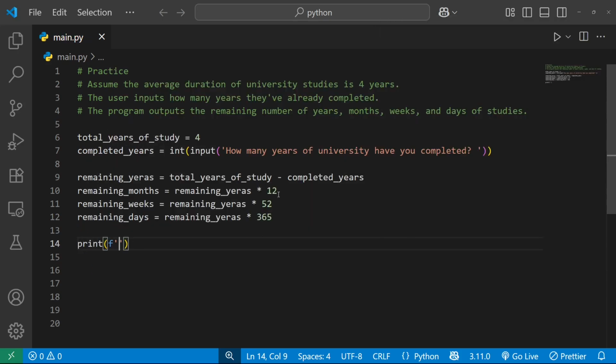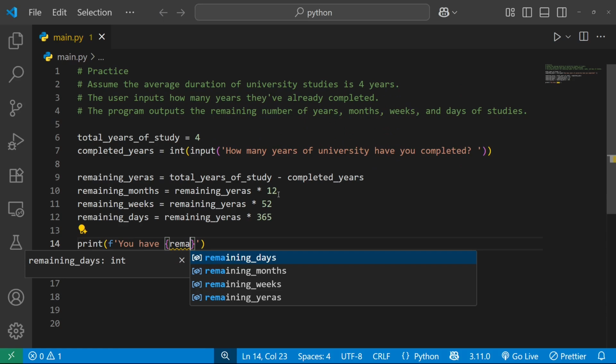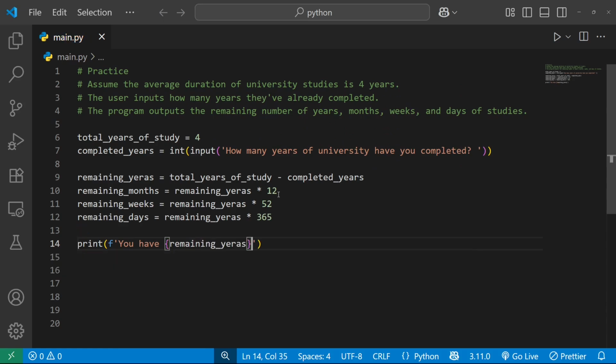I would like to use an f-string, something like you have remaining years. So remaining years will be for example the number 2. So you have 2 years left until you finish your studies, for example. Okay, and now I would like to add the other variables to this text as well, but the problem is the string will be very long.